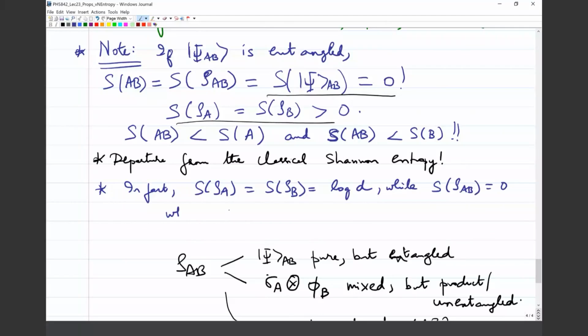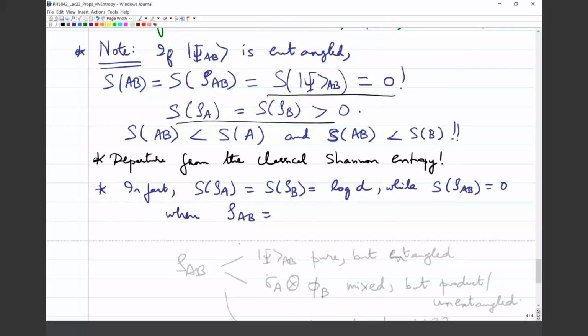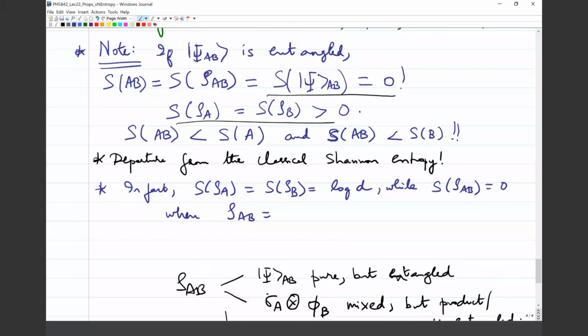For what kind of states? When the individual subsystems are maximally mixed. Yes, so what kind of states are these? Give me a simple 2-qubit example. Exactly. So when psi AB is a maximally entangled state like a Bell state.